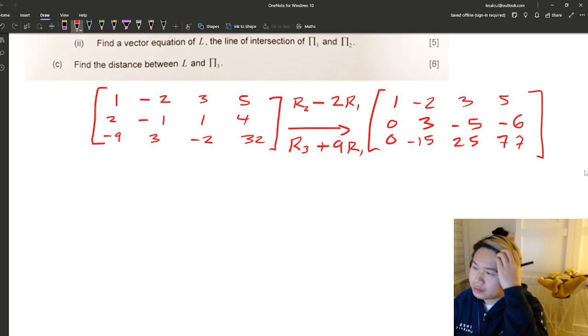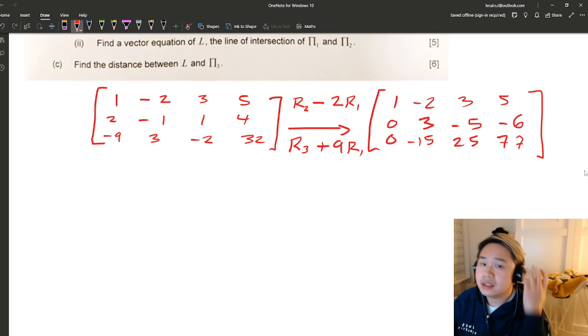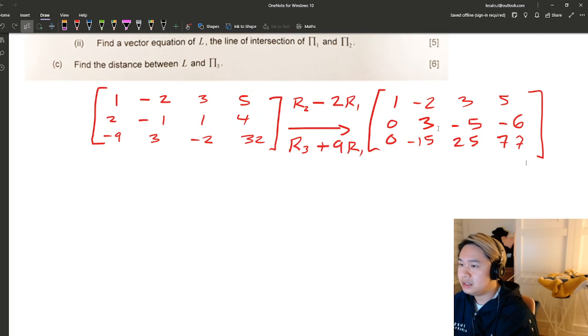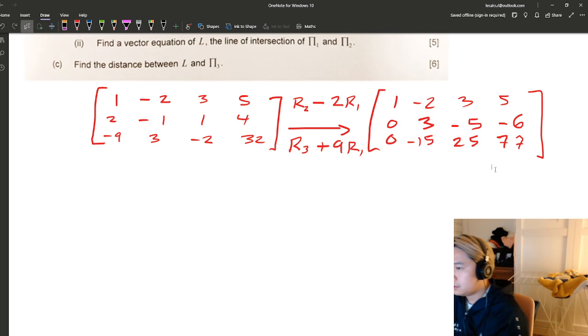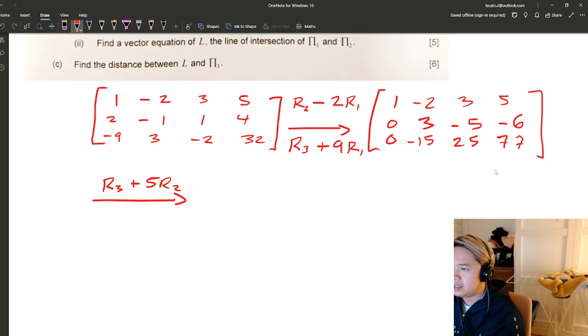Hopefully you can already see that this is going to become an inconsistent system, just because these are basically multiples of each other, but this one isn't. But in case you can't see that, we are going to continue to reduce. I'm going to take row 3 and add 5 times row 2, so that I'm turning this 15 into a 0.